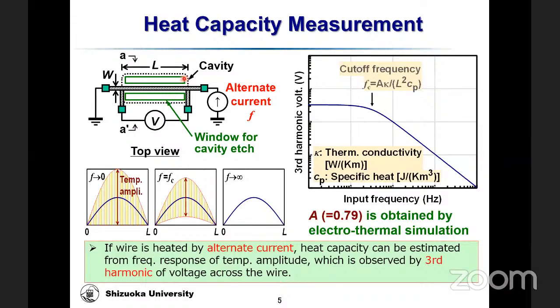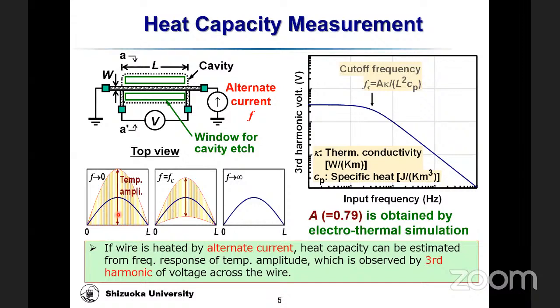And when we would like to look into the heat capacity or thermal capacitance, we are going to measure the frequency response of the resistance. And for example, if we drive the nanowire by alternating current of frequency f, temperature oscillates like this with this amplitude if the frequency is rather slow.